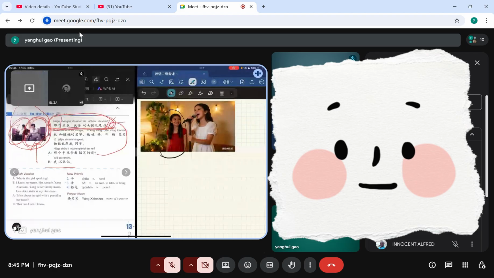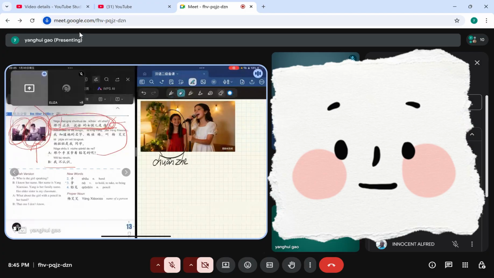So now we know she is wearing the red dress, right? That's a different part from the other girl, right?